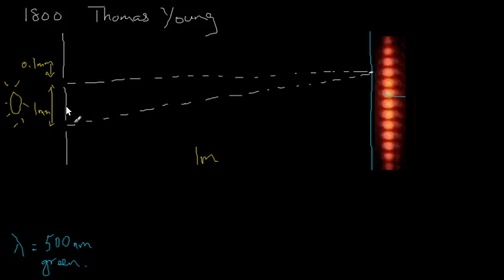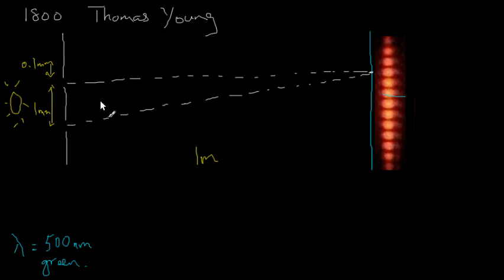How do we know that? That's 1 millimeter, and that's 1 meter. 1 meter is 1,000 times longer than 1 millimeter, and that means that this distance is a lot smaller than this distance.